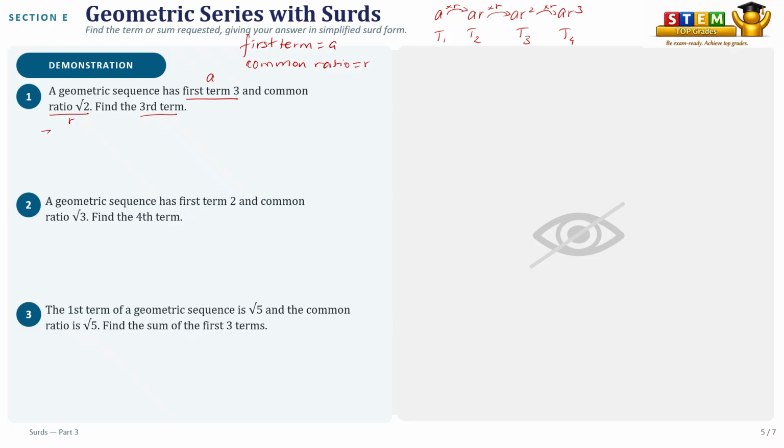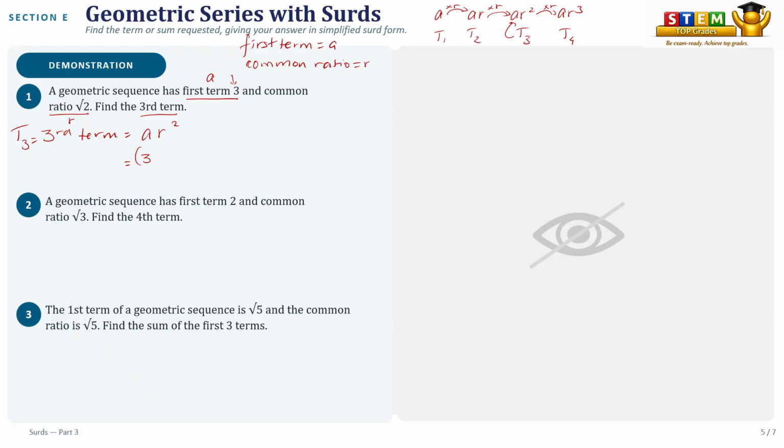So to get the third term, as you can see here, the third term is equal to AR squared. Okay, I could have written T3 to represent the third term, and I just have to substitute the values for A and R, like in a formula. So as we can see, A is 3.